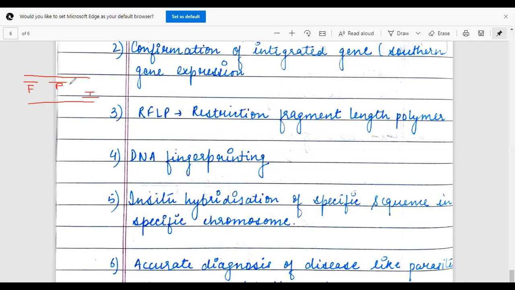The number of genes can be predicted with this through real-time PCR. So this was all about this.